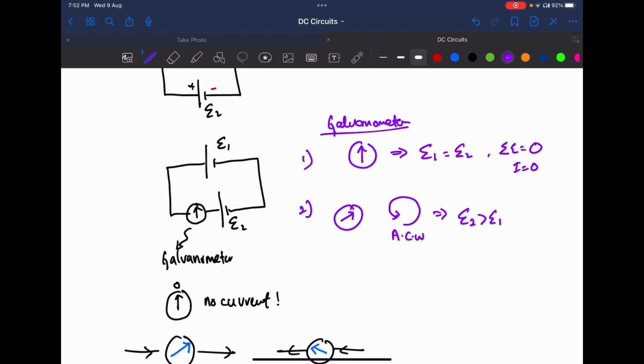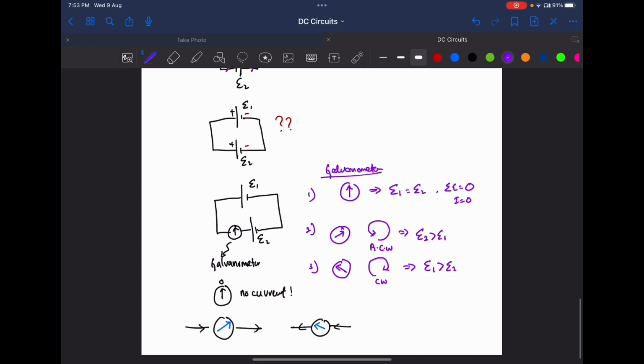So you have a resultant EMF that provides a potential difference, hence you have a current. If it's in this direction, then it will be in the clockwise direction. In this case, E1 is more than E2. So that's how we interpret a particular circuit.